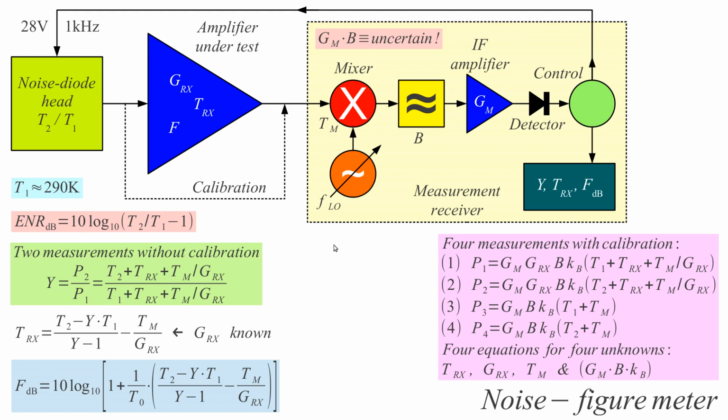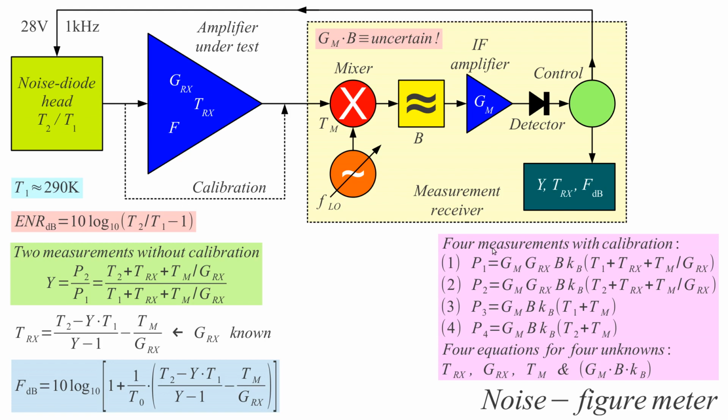But we can do more. We can calibrate our receiver by connecting the diode head directly to the input of our receiver. In this case we get equations 3 and 4. We measure these two powers, and when we connect our amplifier under test, we get equations 1 and 2.